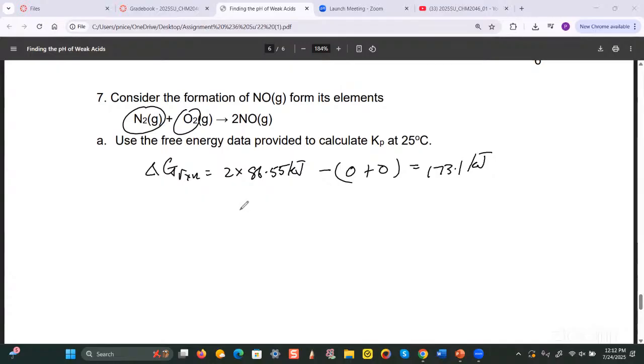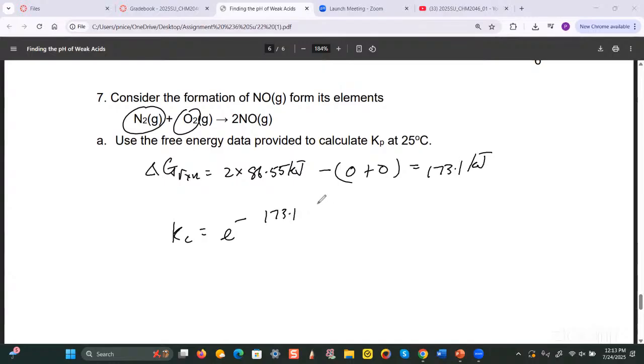But what the question is asking for is Kc. So how would we get Kc? Yes, sir. E to the negative delta G over RT.